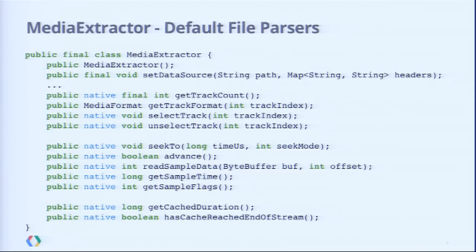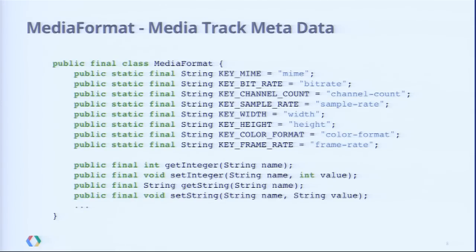As I mentioned a little bit earlier, in order to find out details about a specific media track, you need to use a new class called MediaFormat. The MediaFormat.java class encapsulates a set of key-value pairs.